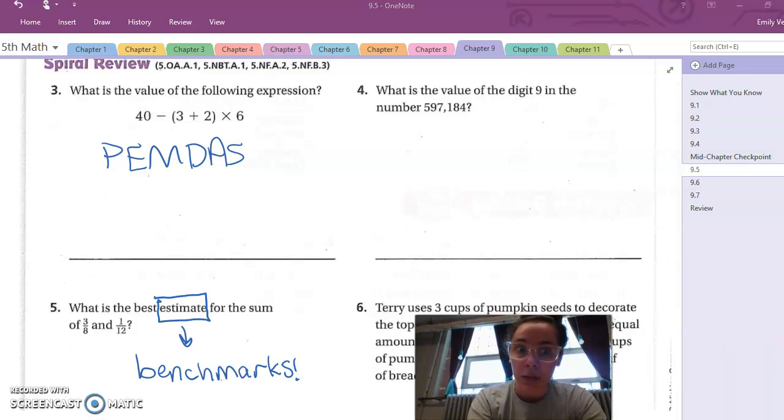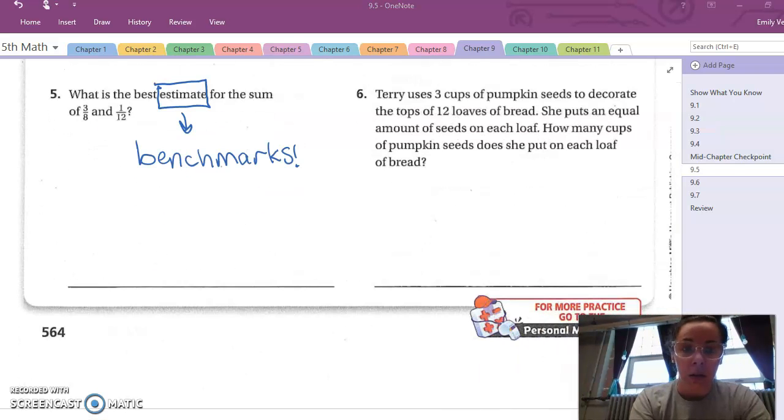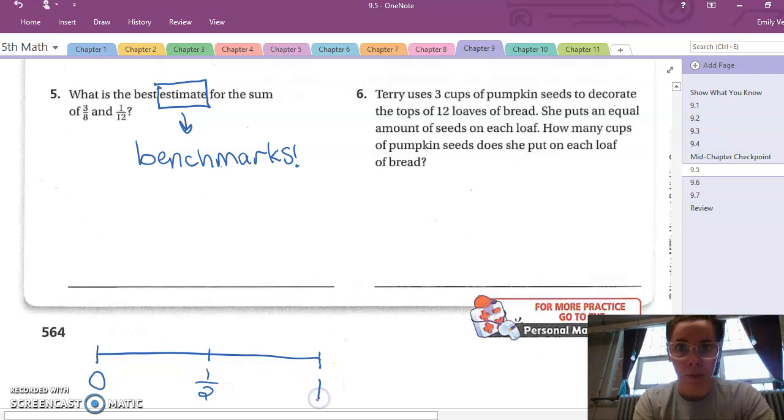And what they are, if I drew kind of a number line. Looks like this. 0, 1/2, and 1.